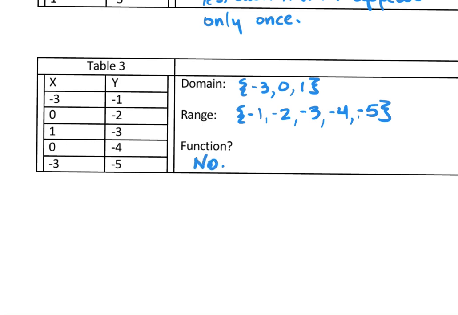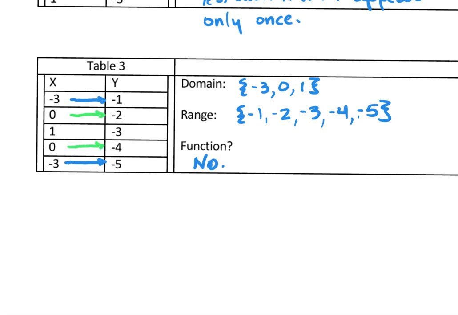So kind of to compare table 2 and table 3, what do we got that's different? Here what we have is -3 is going to -1, and it's also going to -5, and that's not allowed. You can only go to one number in order to be a function. And same thing, 0 goes to -2, and 0 goes to -4.